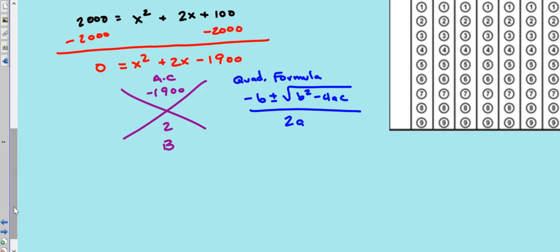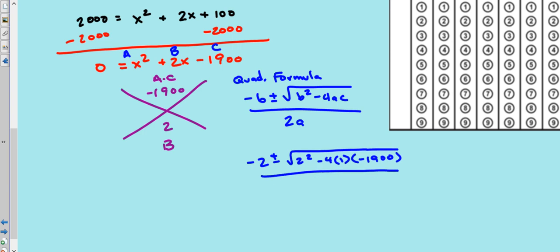And so when we plug in our values here, I would have negative 2 plus or minus, because this is my a here, here's my b, this is my c, plus or minus the square root of 2 squared minus 4 times 1 times negative 1900, all over 2 times 1.